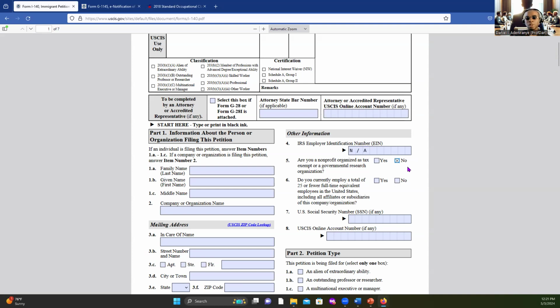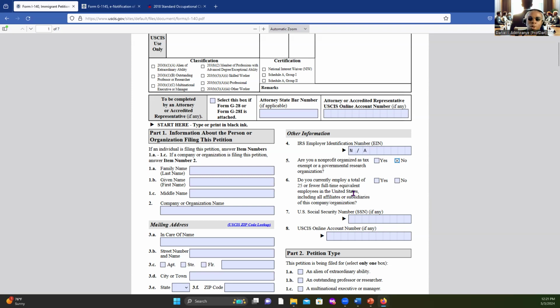However, that is not correct, and this is backed up by evidence from a credible source, the USCIS page. Question 6 says, do you currently employ a total of 25 or fewer full-time equivalent employees in the United States?